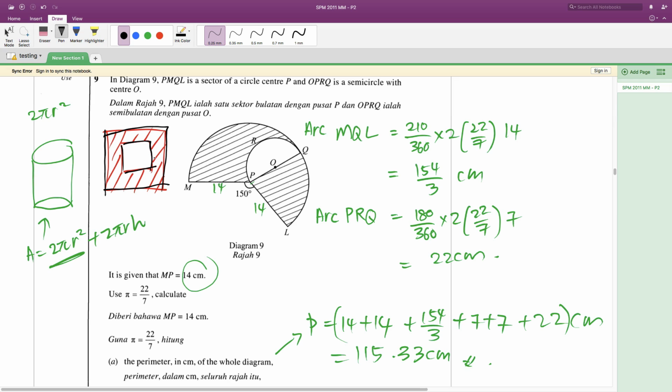Perimeter does not always mean outside only. It means everything covered by the shaded region. All the lines covering the shaded region are the perimeter.